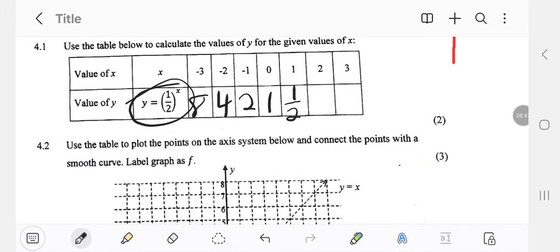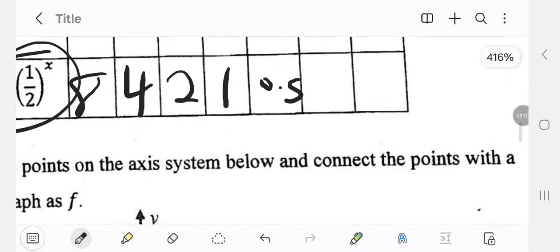I prefer decimals to be able to plot. So 0.5, then 0.25, 0.25, then 0.125.